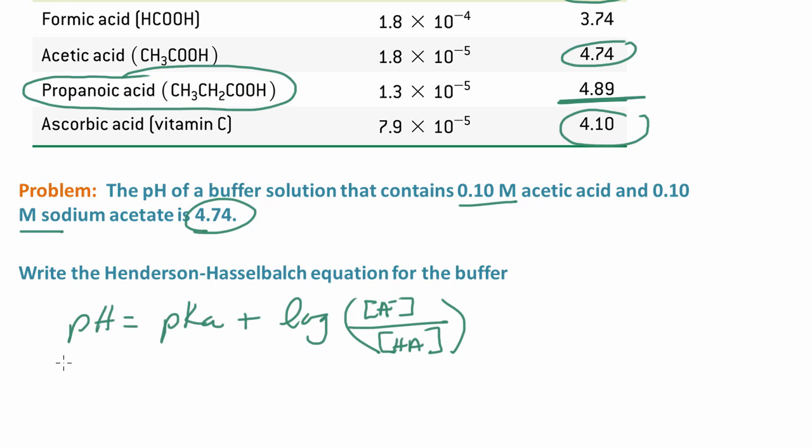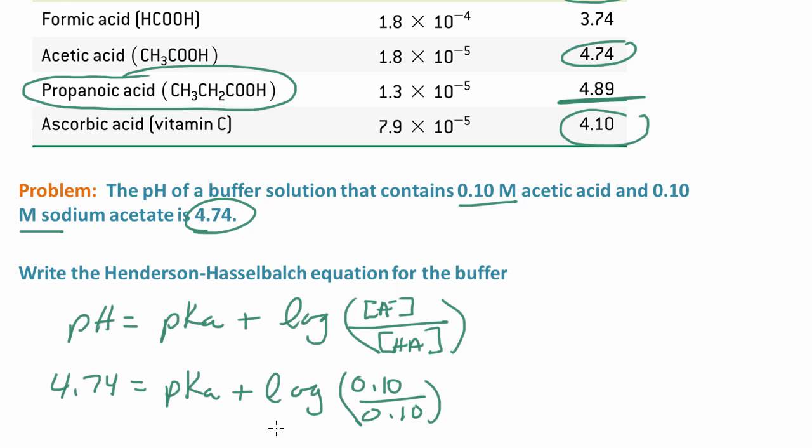So let's fill this in. We have a pH of 4.74. That's equal to pKa plus log, both are 0.1 molar. And notice this is log of 1, and log of 1 is equal to 0.